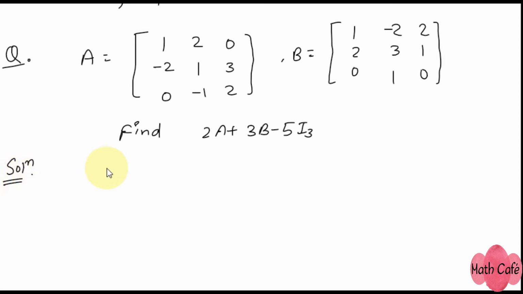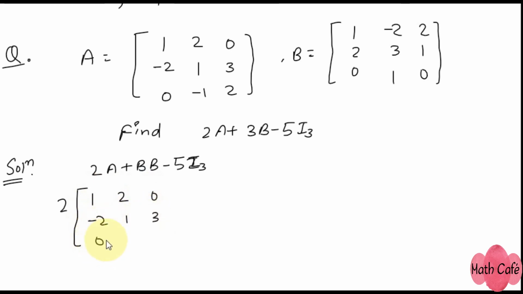Alright, so let's proceed with the solution. We need to find the value of 2 times A plus 3 times B minus 5 times I3. First of all I will multiply matrix A by scalar quantity 2. So how will we get 2A? 2 times A matrix is 1 2 0, minus 2 1 3, 0 minus 1 2.